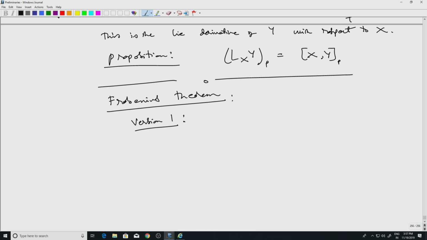We know that when we have a coordinate chart, we get a frame on the chart. In other words, we get n vector fields which form a basis at each point in the chart. So we ask for the converse.